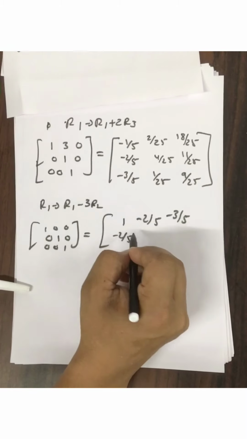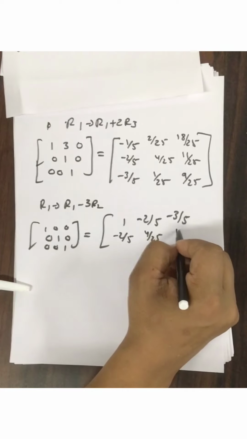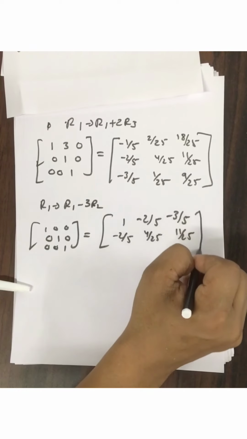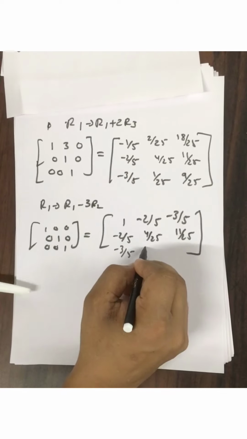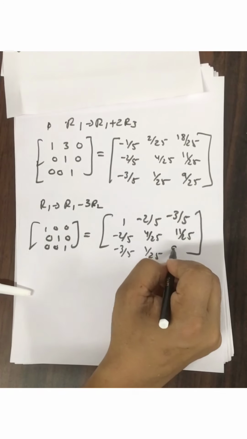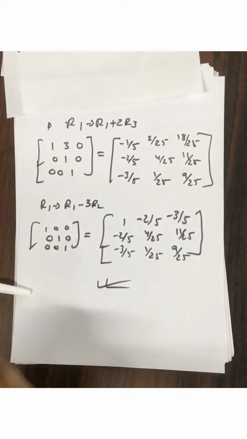Minus 2 by 5, 4 by 25 and this will be 11 by 25, and this will be minus 3 by 5 as it is, 1 by 25 and this is 9 by 25. Got it? This is A inverse.